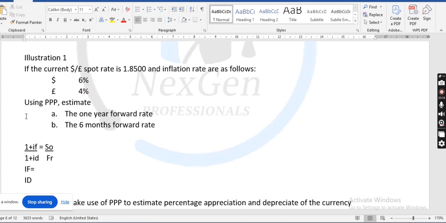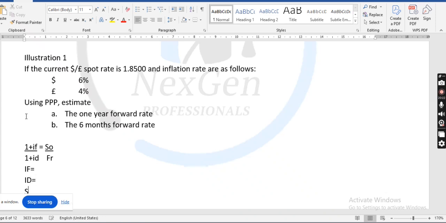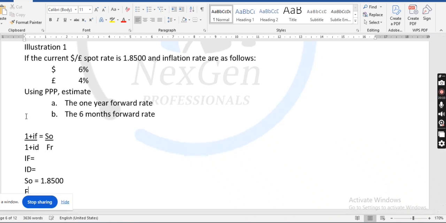Class, what will be the foreign inflation? SO, which is the spot rate, is equal to 1.8500. We have to calculate the forward rate. So what will be the foreign inflation rate?